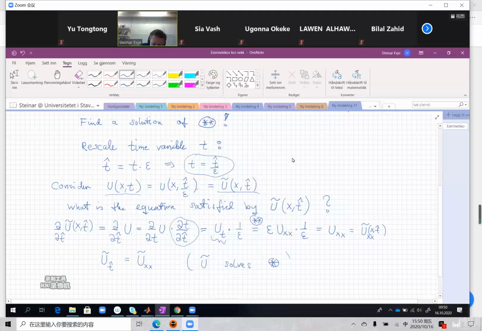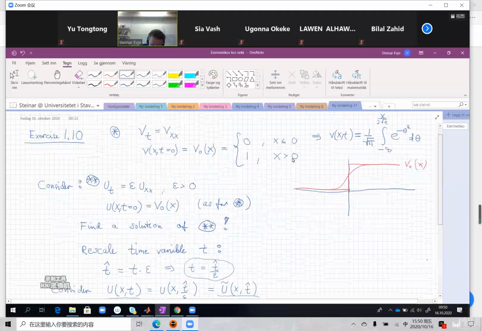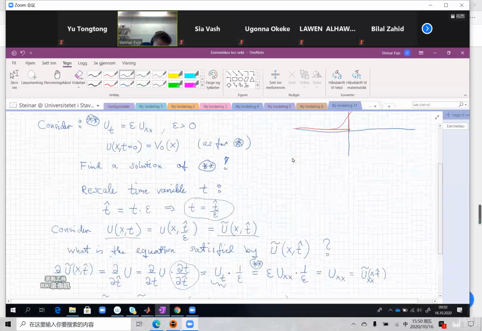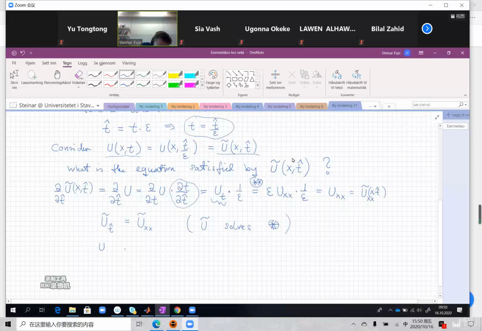But to conclude this, we also have to check that the initial data is the same. Let's check what is the initial data for u tilde. So we want to check what is u tilde as a function of x and t hat equal to 0.